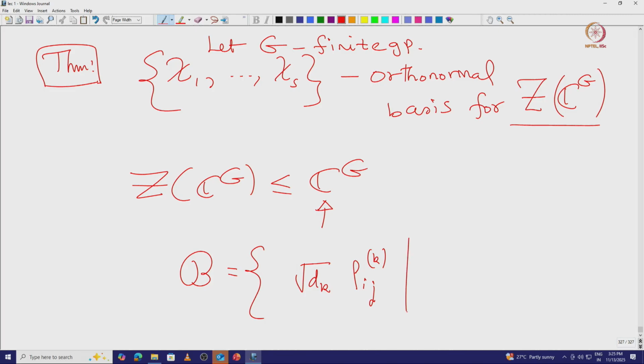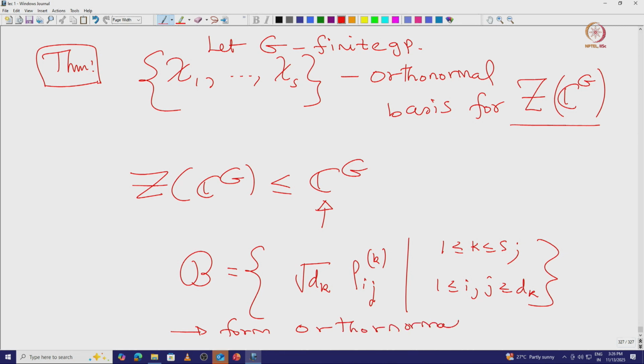You have this sum of these d i square elements which are given as follows. These elements form an orthonormal basis for this C G.